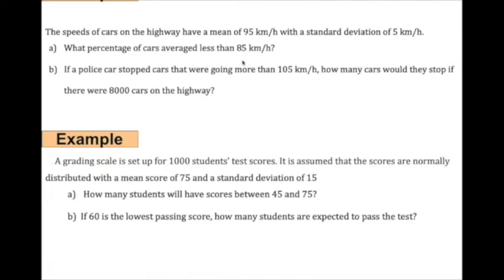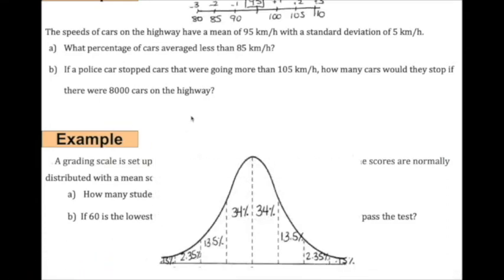Okay, let's generate the number line and the normal curve. So this is 95, which is the mean, and 85 is over here, minus 2 standard deviations away from the mean. This is the relevant position.